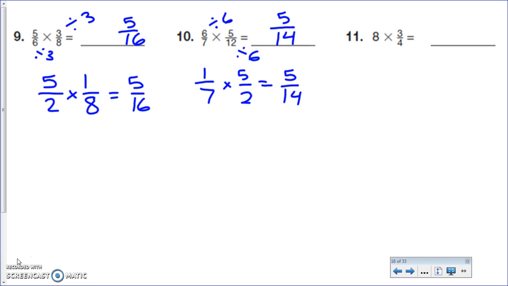Finally, for 11, we have a whole number, which we know all we have to do is put it over 1 to make it an improper fraction. And then we can look at the cross simplifying. 3 and 1 don't share any common factors. 8 and 4 have a greatest common factor of 4, so we're going to divide both of those by 4.